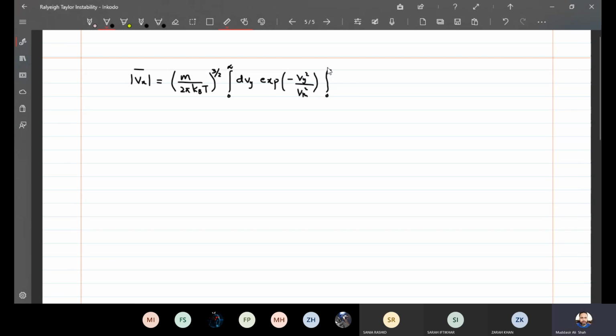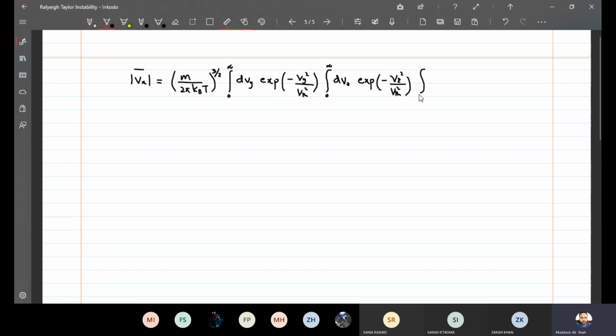Similarly, I can write for dvz exponential minus vz square by v thermal square.